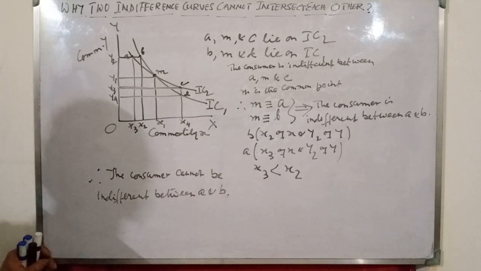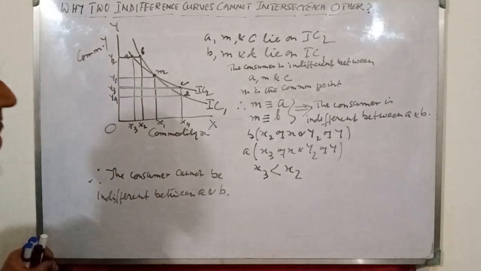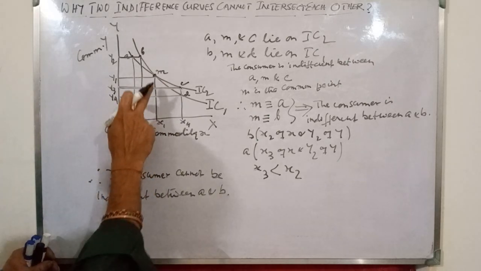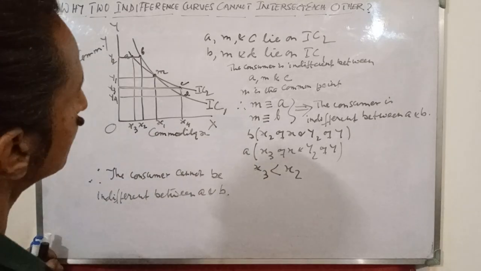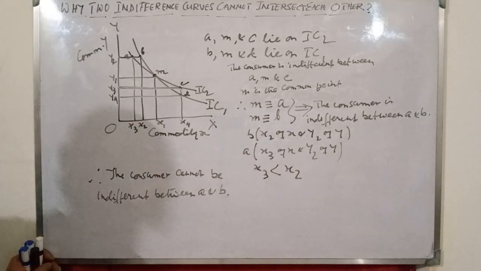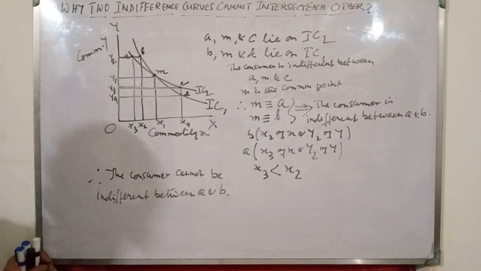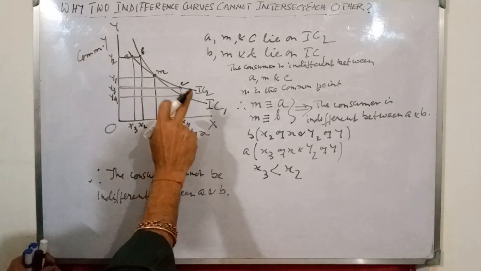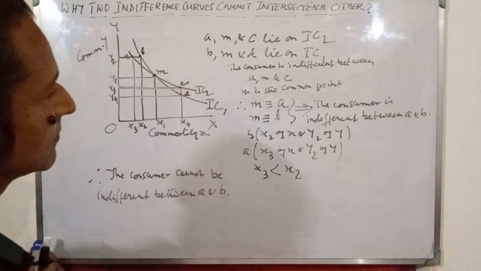The consumer is indifferent between M and C, and the consumer is indifferent between M and D, because M is the common point between IC1 and IC2.